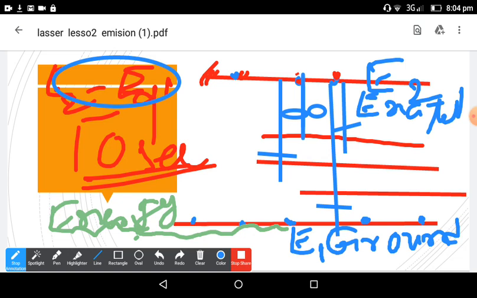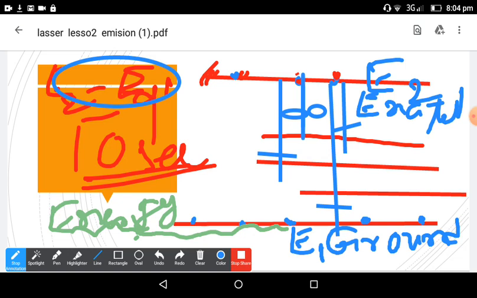So this is the spontaneous emission, during which an atom from a higher energy level to a lower energy level, automatically after spontaneously completing its lifetime, immediately, 10 to the power of minus 9 second, jumps down to lower energy levels. But one thing should be observed: all the atoms will not jump to the same level, so the energy released by the atoms is different.